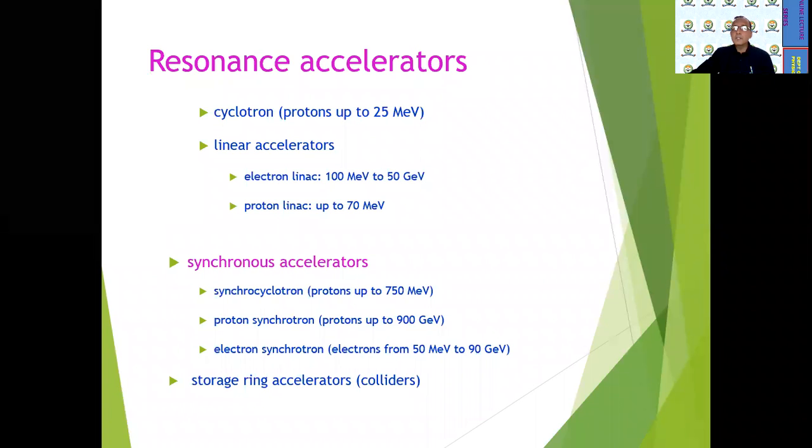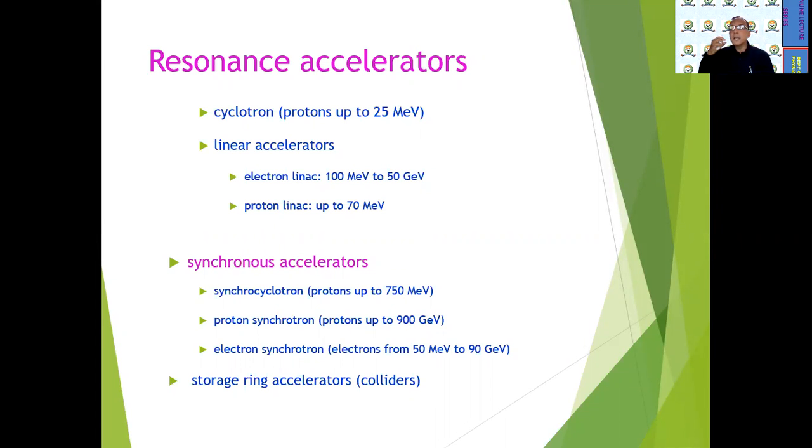This resonance accelerator is the accelerator which can enhance the energy. In the resonance accelerator, there are two types. One is the linear resonance accelerator and another one is the cyclotron.